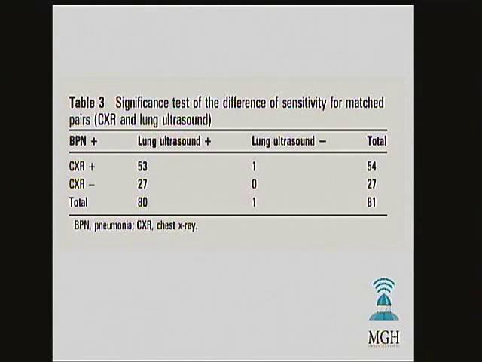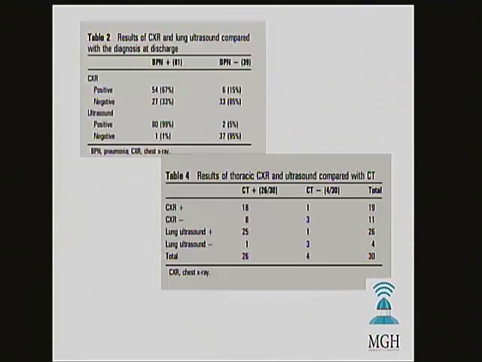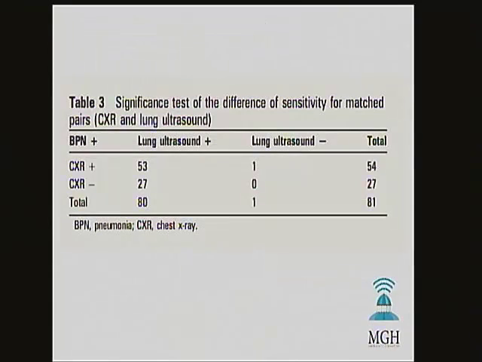Here, this was another study that compared chest x-ray positive to lung ultrasound positive, and you can see the chest x-ray positive, lung ultrasound positive, so that means that both groups caught those. But the chest x-ray negative, lung ultrasound positive, chest x-ray missed 27 patients.